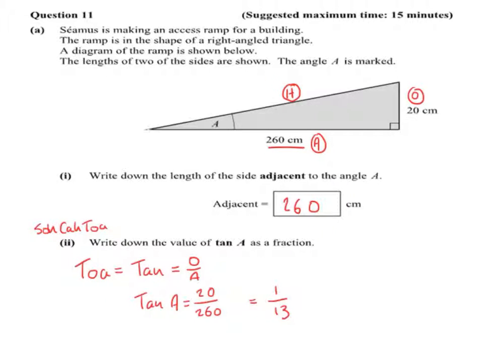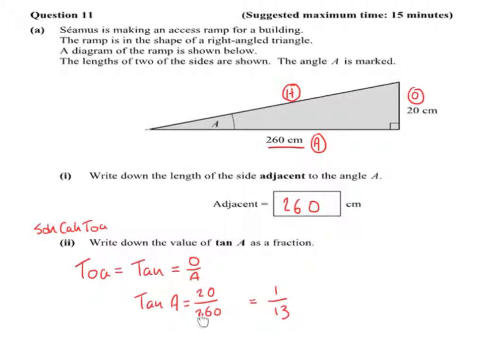So what we have to do is take TOA, because we were specifically asked for tan of A. So TOA is equal to tan, which equals O over A, opposite over adjacent. And then we're just going to substitute into this formula. So tan becomes tan of A, because we've angle A. The O becomes 20, because we labelled the 20 as O, the opposite side.